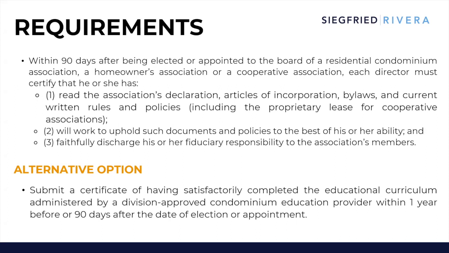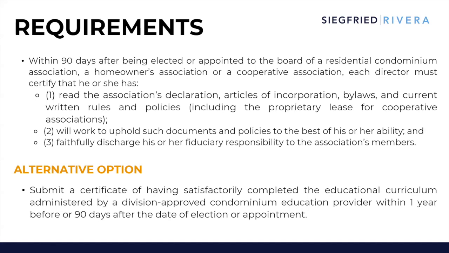Directors must complete the education course either 1 year before being elected or appointed to the board, or within 90 days after the director is elected or appointed to the board. Therefore, the educational courses are available to owners in the community who may look to seek obtaining a seat on the board prior to an election or a board appointment.